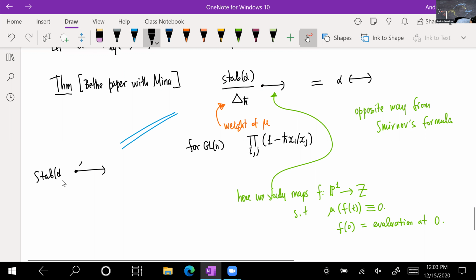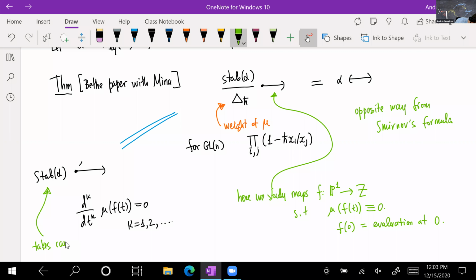We want all of them to be 0 starting with k equals 1, but we don't impose the condition at the value, because the class already takes care of mu of f of 0 being 0, since it is supported there.